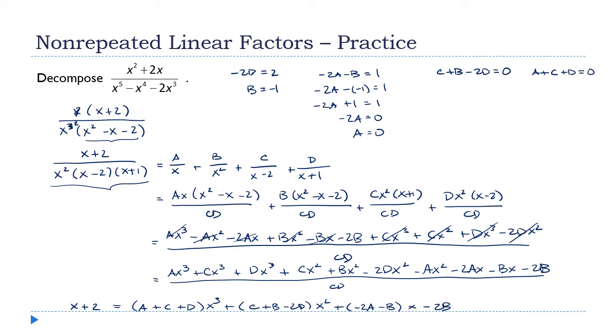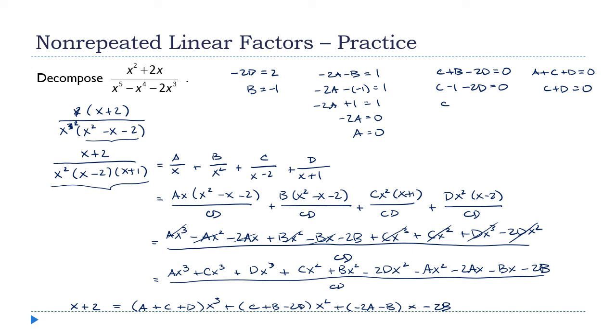All right, I know a is 0, so c plus d is 0. I just put 0 in there for a. Now I go to the middle one and put negative 1 in there for b. C minus 1 minus 2d equals 0.